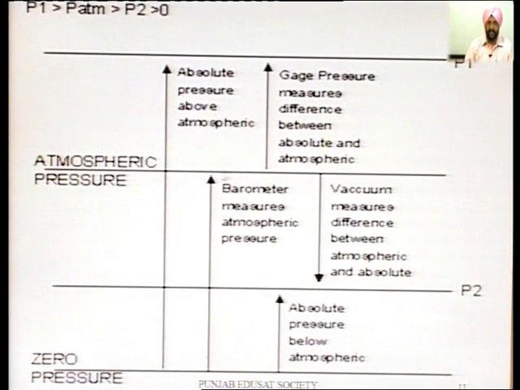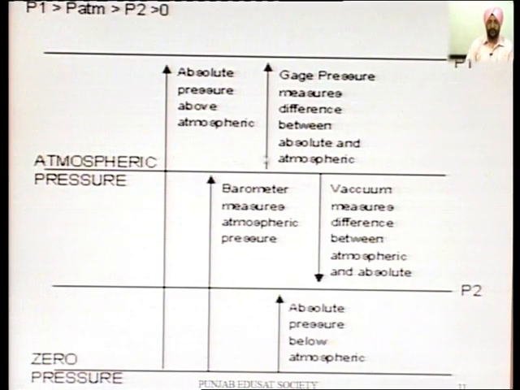This particular line indicates the atmospheric pressure, so from here to here, this arrow is the barometer measuring atmospheric pressure. And the gauge pressure is the pressure which is more than the atmospheric pressure, so from this atmospheric pressure till here, it is the gauge pressure, and this particular point, since it is less than the atmospheric pressure, is the vacuum pressure.